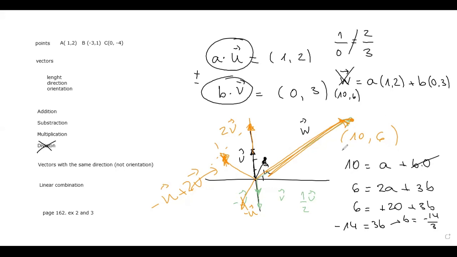What does this mean? Okay, a is 10. So it means that vector u needs to be multiplied by 10.